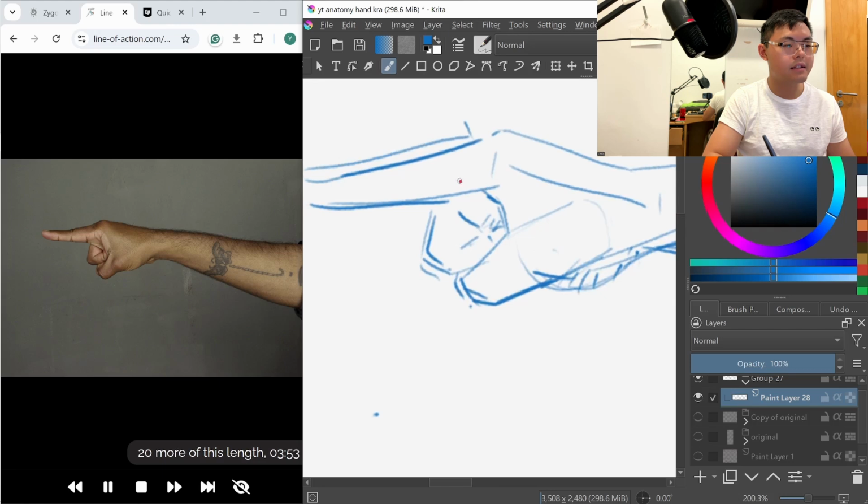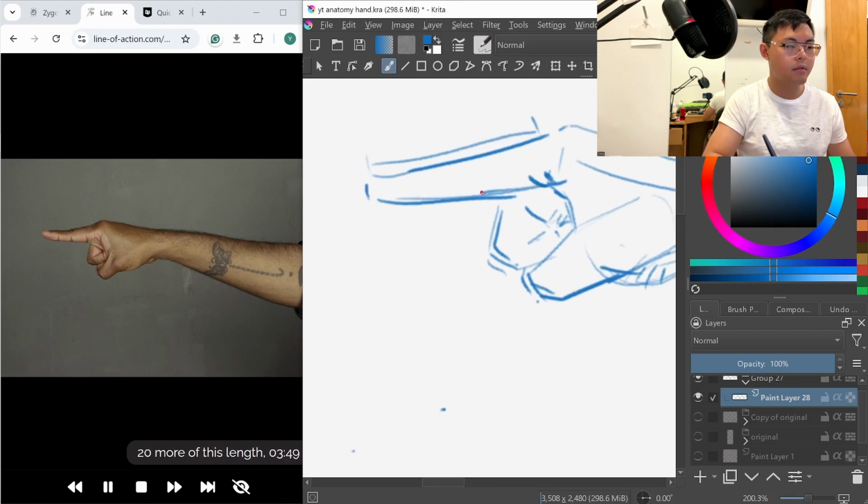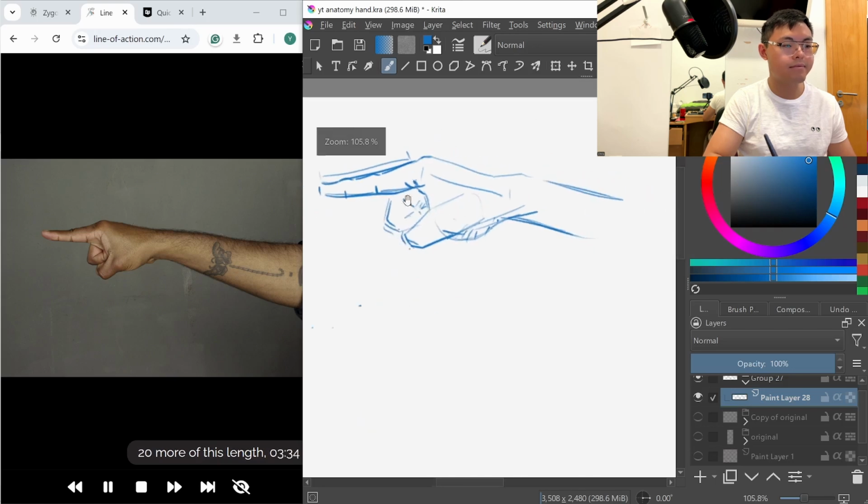And then that's the X area. X area is over here. Then one, two, three, maybe longer. Maybe like that. And here you go.